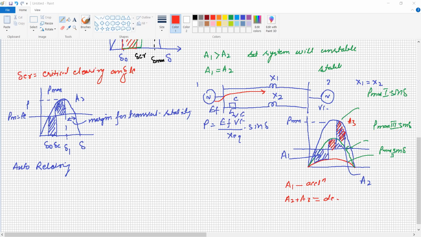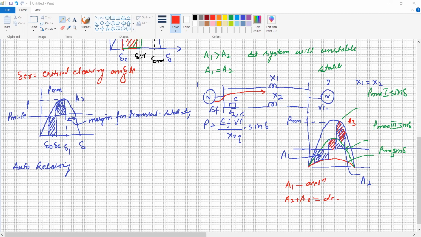So what is the deceleration area? A2 plus this A3 is the deceleration area. And hence, the system has some marginal deceleration area. This is called a marginal area, to make the system more stable. So now this is our margin. We may increase our mechanical input and the system may operate at a higher angle as well as at a higher power delivery.